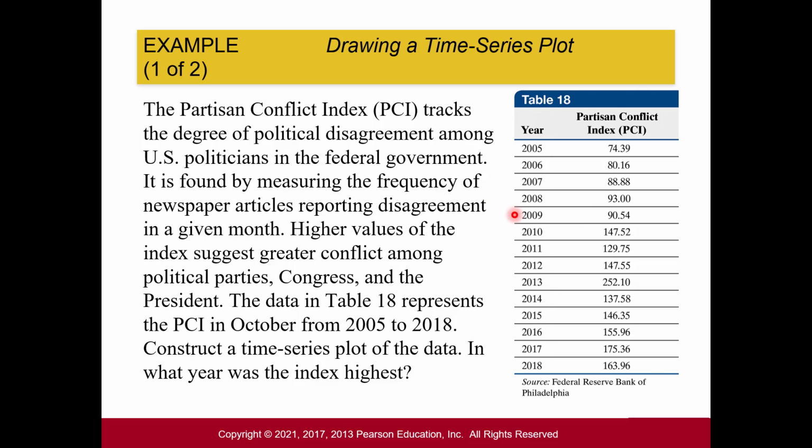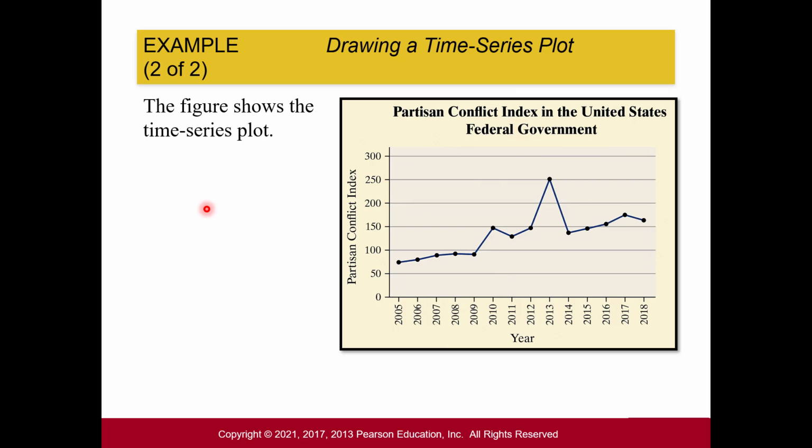So if we take this data, put our time on our horizontal axis, and then our height of our point is going to be at this PCI value. Okay, so here's our time series plot for our data. We have our years on the horizontal axis, and then our value, in this case for the PCI, on the vertical axis.